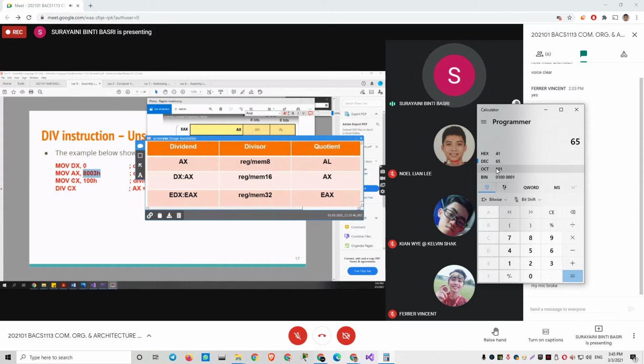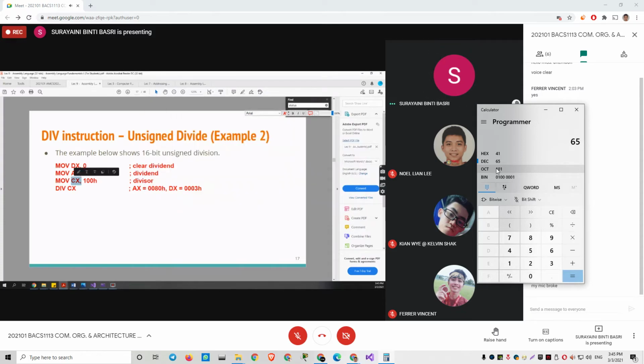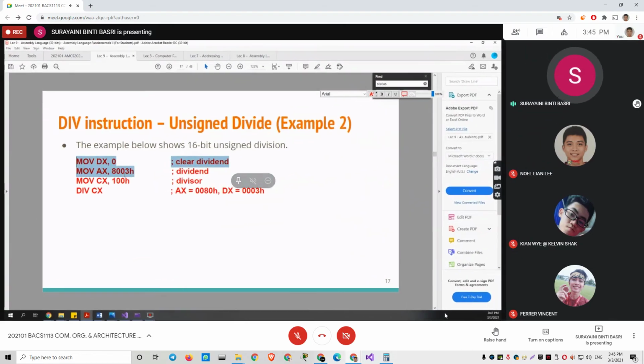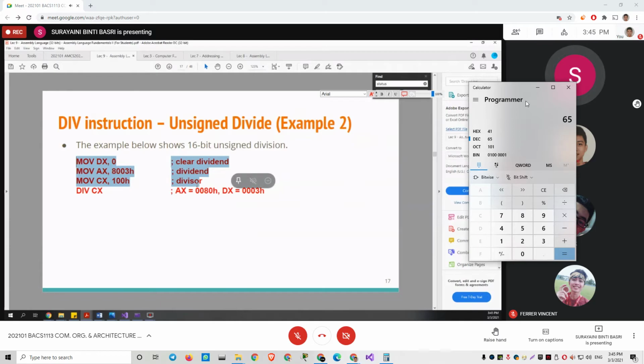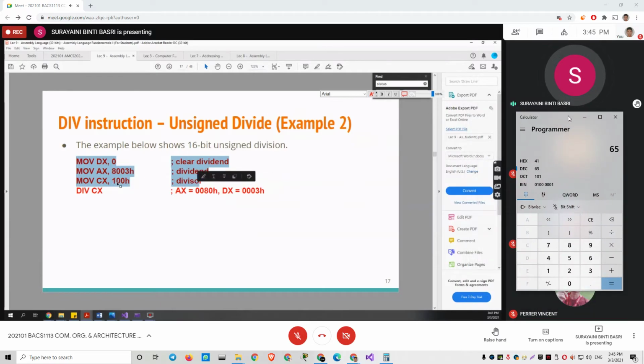For the CX, this can actually be any register as long as it can hold a 16-bit number. So this is how you do it. Like I said just now, you just need to put the div instruction immediately after you specify whatever you want to put in your divisor and then in your dividend.